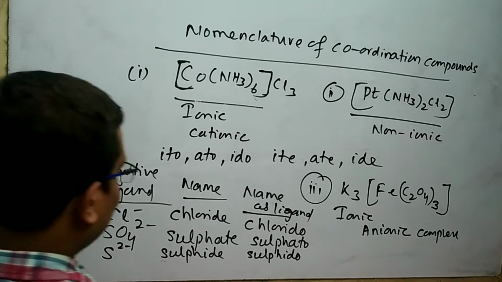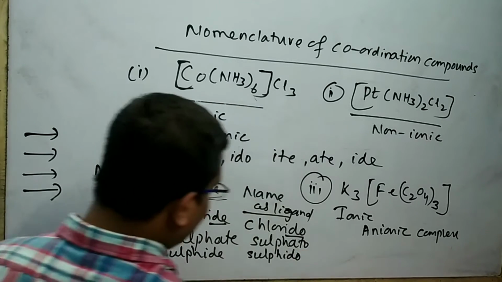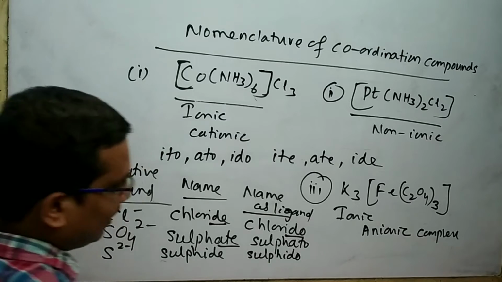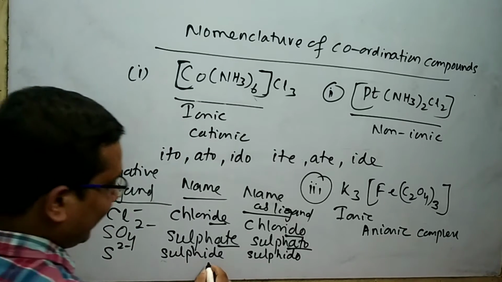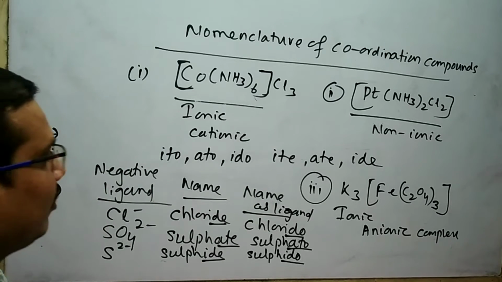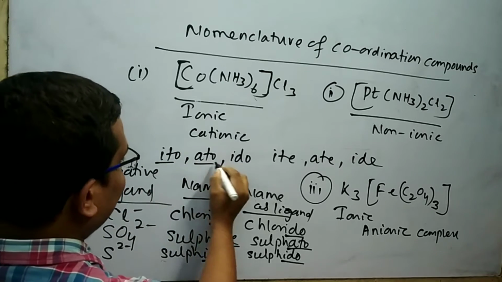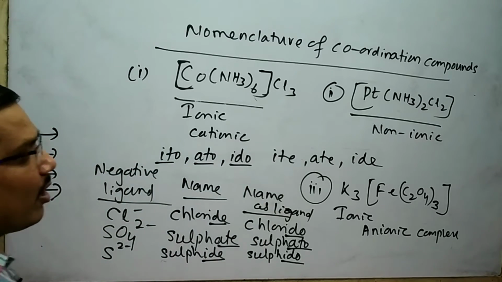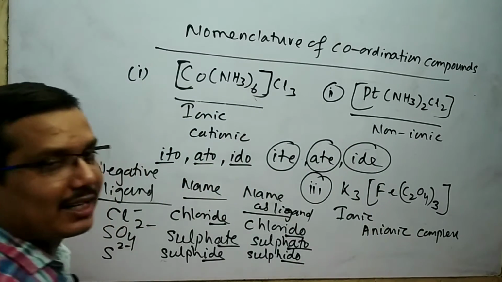Look at that. Instead of -ide, I write -ido. Instead of -ate, I write -ato. Instead of -ite, I write -ito. So remember, negative ligands end with -ito, -ato, -ido instead of -ite, -ate, -ide respectively.